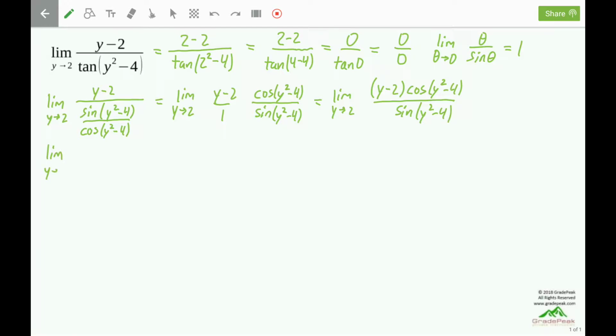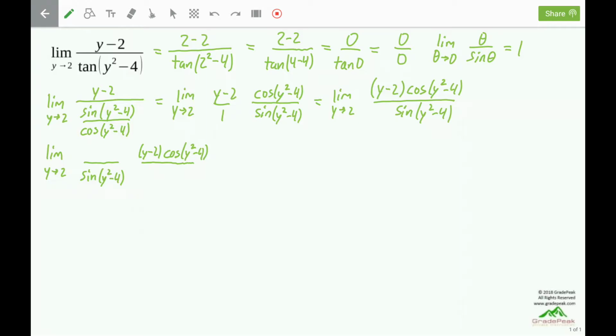That means we're going to rewrite it as limit as y goes to 2 of, and we have the sine of y squared minus 4 in the denominator, so I'll put it in its own fraction in the denominator. And we have a y minus 2 and a cosine of y squared minus 4 in the numerator. We'll put all that into another fraction.